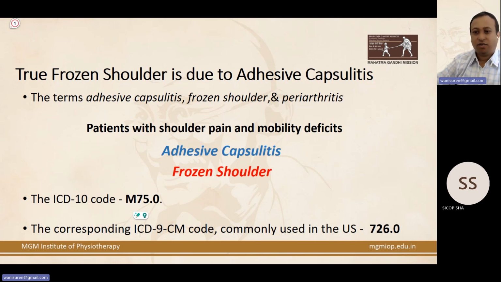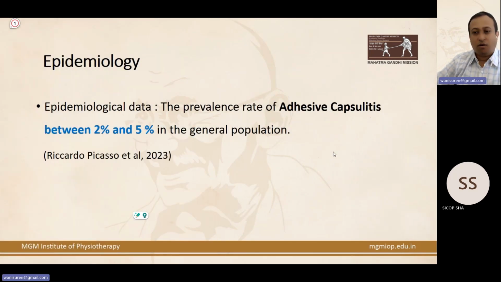The International Classification of Diseases, 10th version, gives the code M75, and ICD-9, which is commonly used in the US, rates it as 726. Based upon the epidemiological data, the prevalence rate of adhesive capsulitis is found to be between 2 to 5% among the general population.